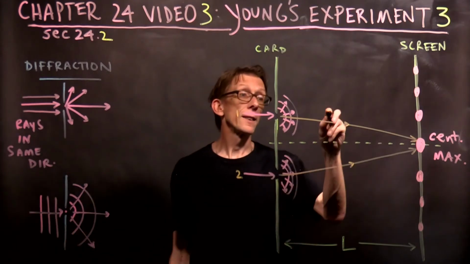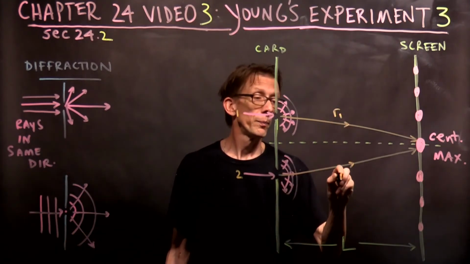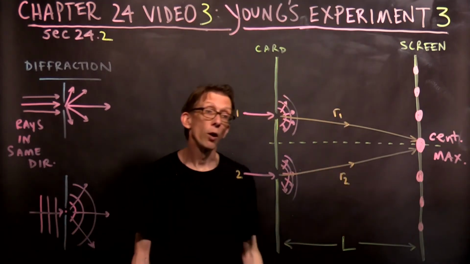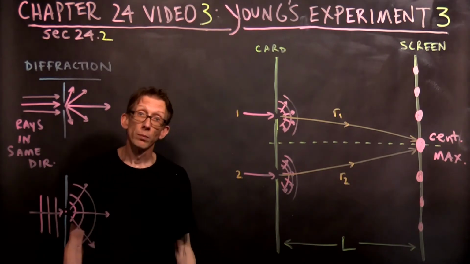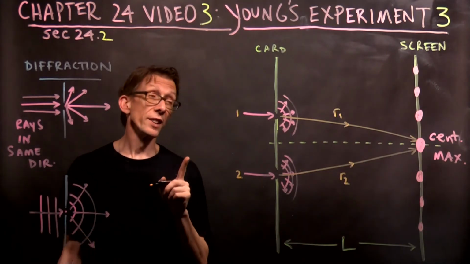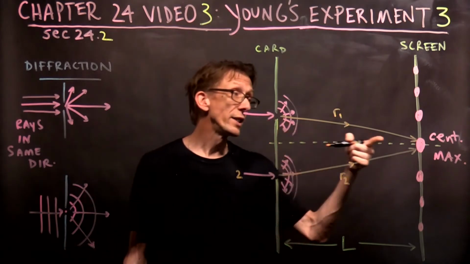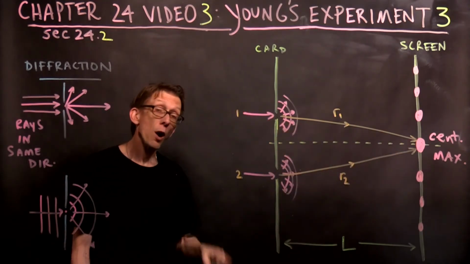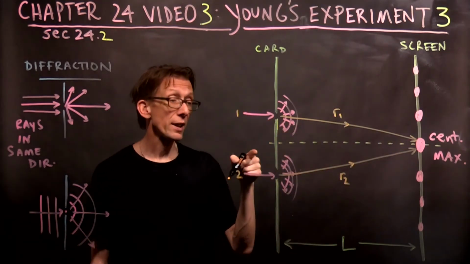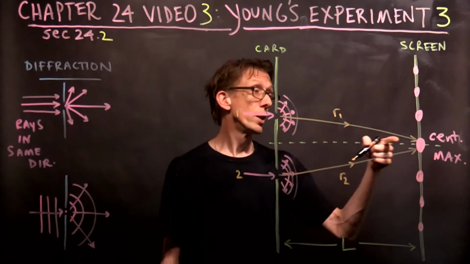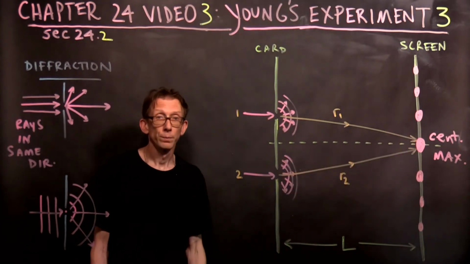We're going to call this length R1 and that length R2. R1 is the distance the light had to travel from slit 1 to get to the central max. R2 is the distance the light had to travel to get from slit 2 to the central max.